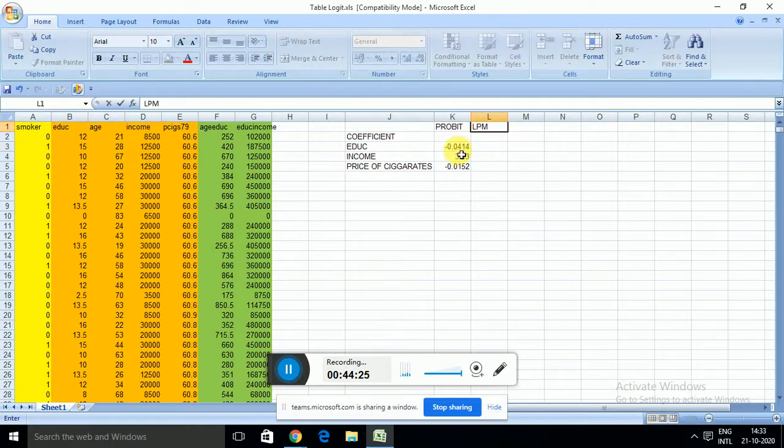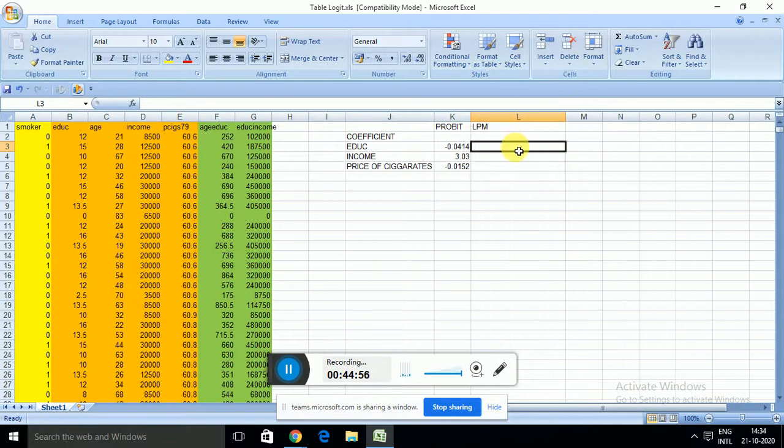In the linear probability model, as Kuldeep was asking me, it is basically saying that irrespective of my education level, whether I'm a postgraduate, a graduate, or a secondary pass, the probability is always linear. The probability of me quitting cigarettes with an additional 1 year of education is going to be 0.04.